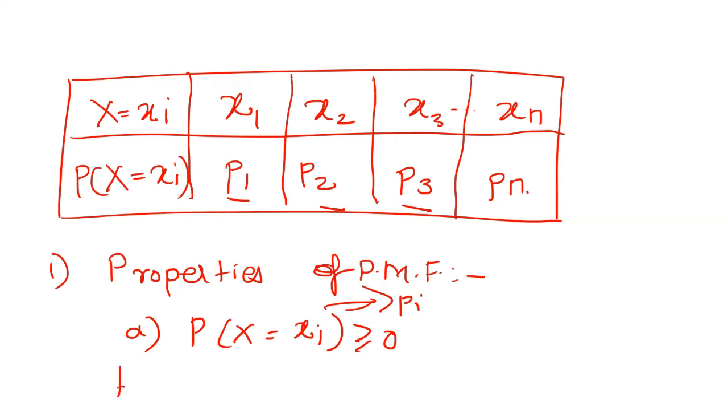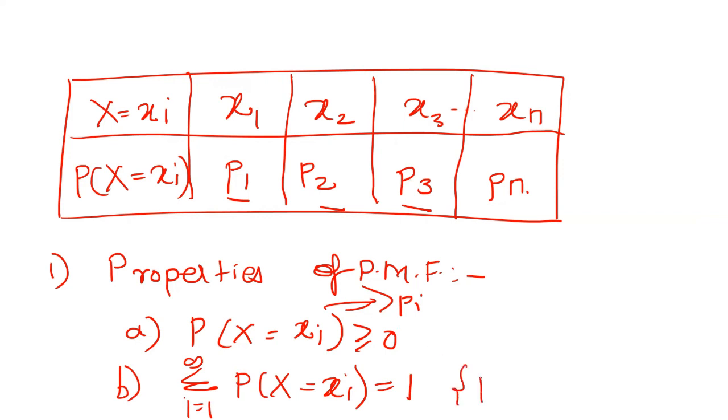The B part is, for i equal to 1 to infinity, the sum of P of x is equal to xi is equal to 1. This is the basic property, which means that if I add P1, P2 till Pn, the value is equal to 1.